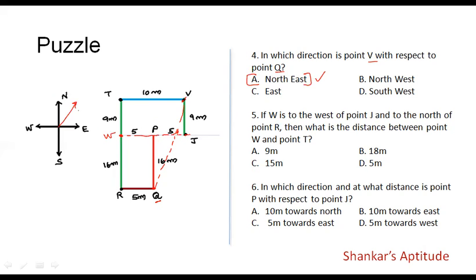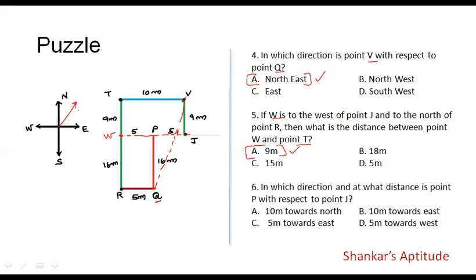This will be the position where W is located. It is asked what is the distance between point W and point T. We can see that W to T, this distance corresponds to 9 meters. So option A, 9 meters, will be the answer here.